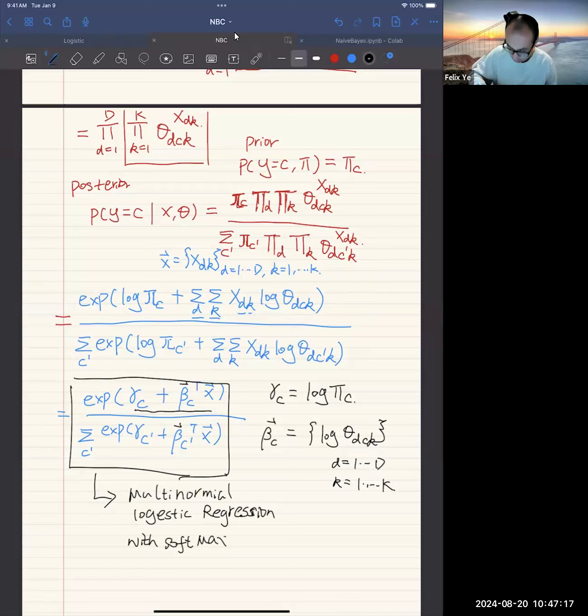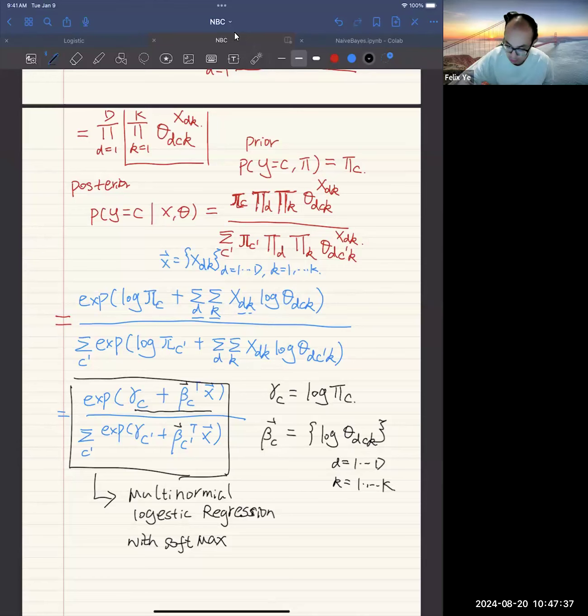So you can actually compare the result with what we have talked about on the logistic regressions.